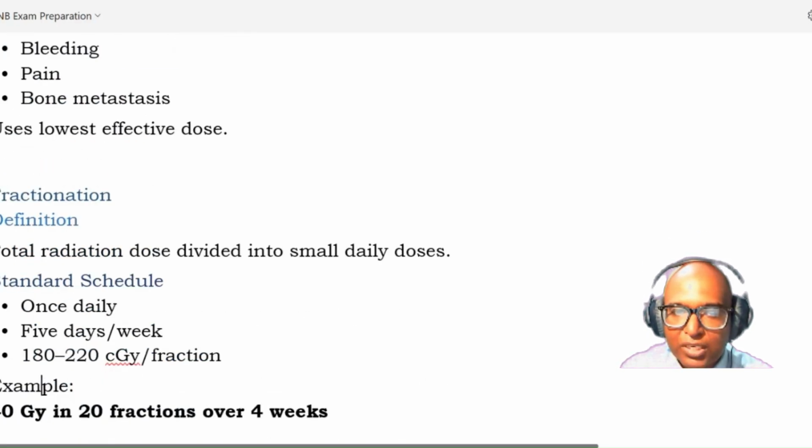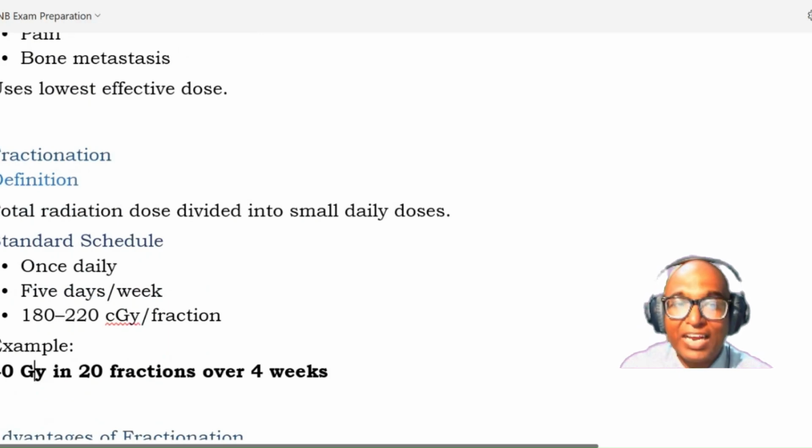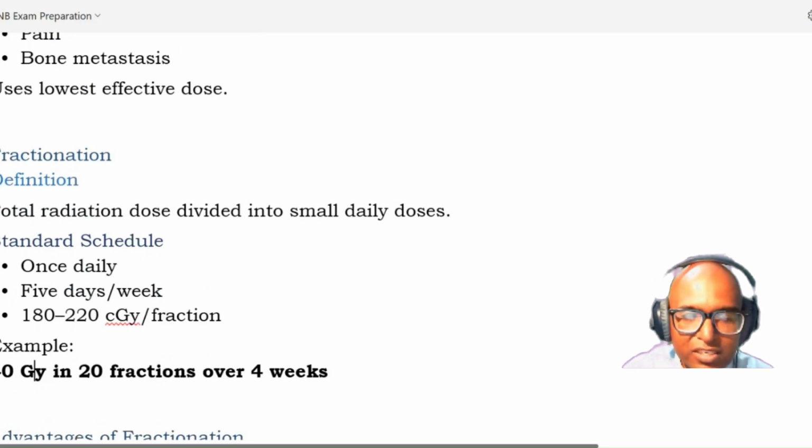Okay, another important concept in radiotherapy is fractionation. Okay, so you should understand this concept of fractionation. Here the total radiation dose is divided into small daily doses. Okay, so you calculate the total dose and you divide this total dose into small daily doses.